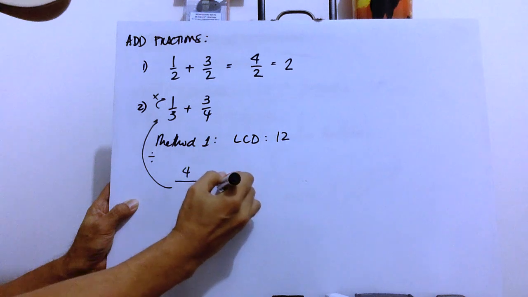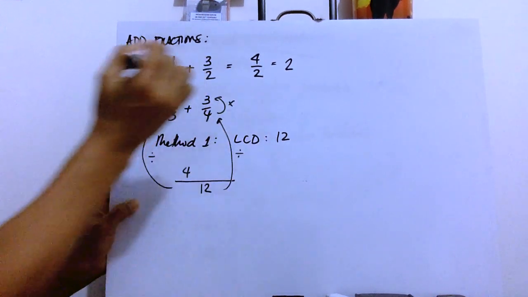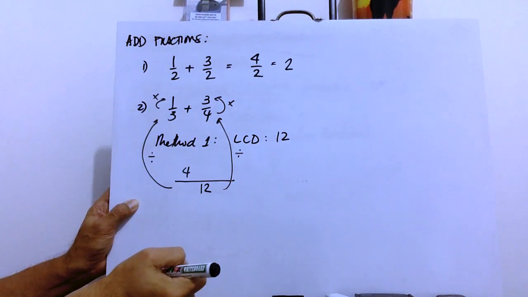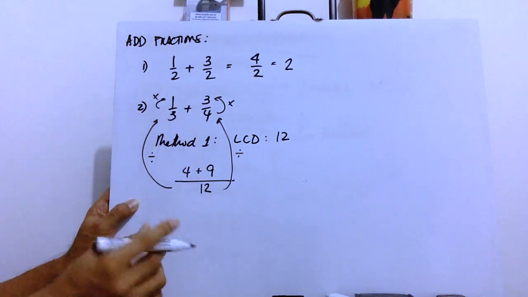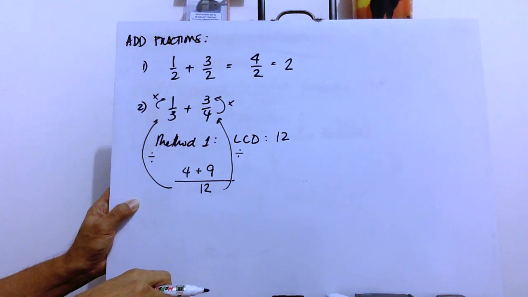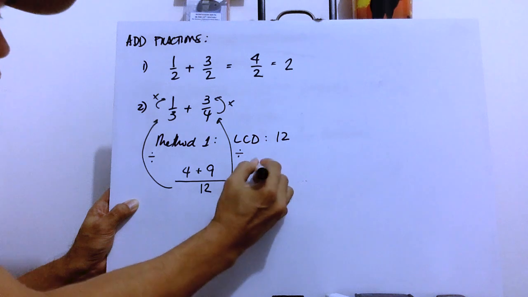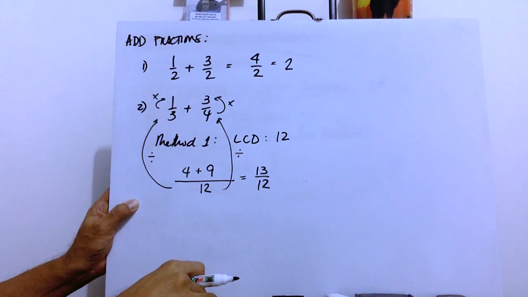And for the other fraction, 12 divided by 4 times 3. So 12 divided by 4 is 3, times 3 is 9. Then copy the plus sign. All right? Okay, and then we add. What is 4 plus 9? That's 13. So the answer is 13 over 12.